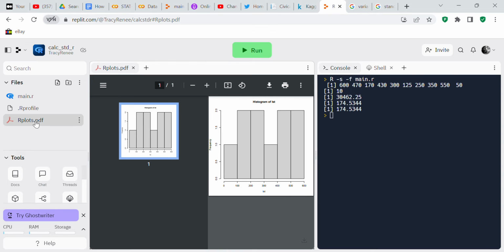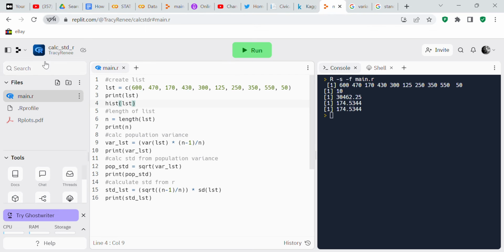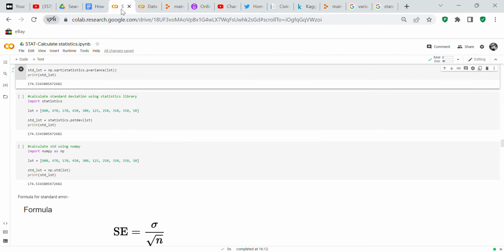That's a histogram of our list, and I haven't done that in Python because I just decided to do it now, this very minute. I thought it'd be a good idea to do it, but you can see we've got a histogram of what our list is. But the first thing we're going to do is cover what the variance and the standard deviation is in Python.